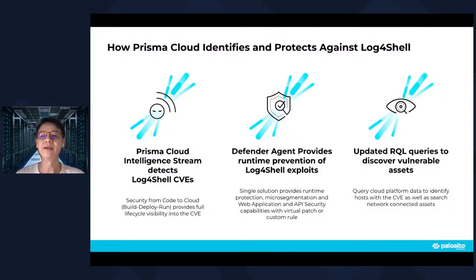And the last one, we have RQL, which you can use to investigate further. If you put your workload in the cloud and it might have Log4j inside, you can look into whether any communication happens from a workload that has Log4j to the outside. These are the three key things we use to identify and protect against Log4Shell.